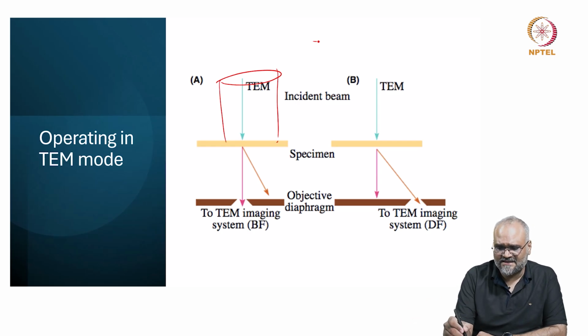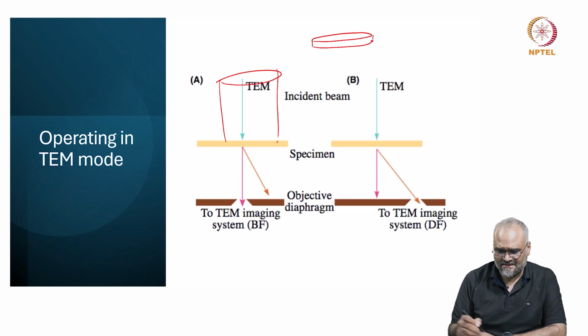The interaction region in your specimen is like a small cylindrical disc, and in this, once the electron beam undergoes scattering, it goes under specific angles.